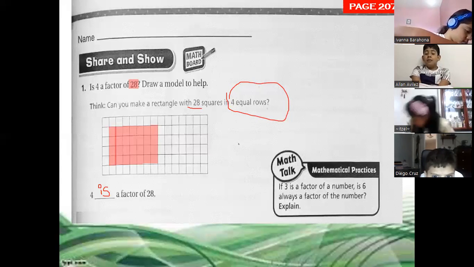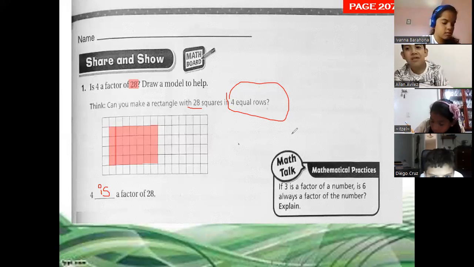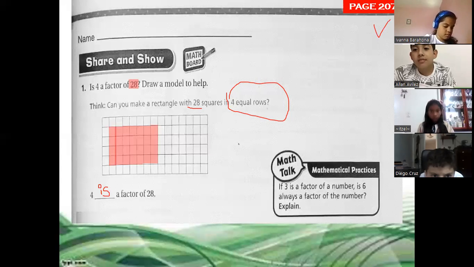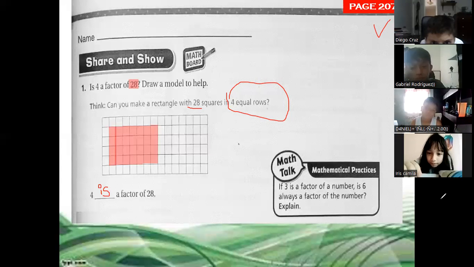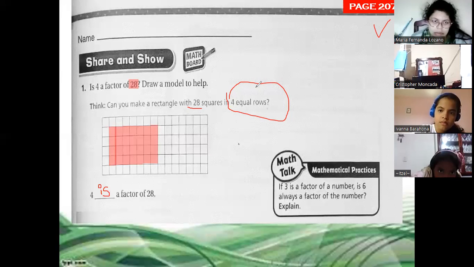Anna, I'm not gonna wait for you. You are not working. You have your arms crossed. Look. You need a color. You haven't colored. This one is the next page, 207. Hurry up. You need a color. Maria Fernanda, show me your rectangle.